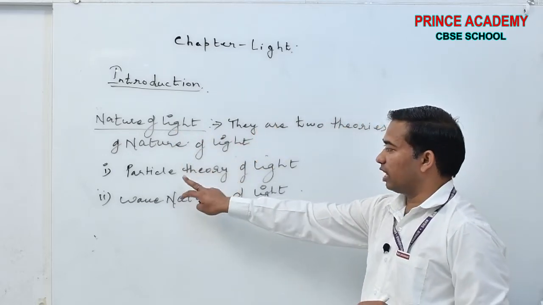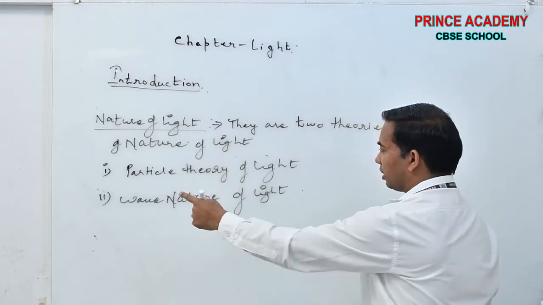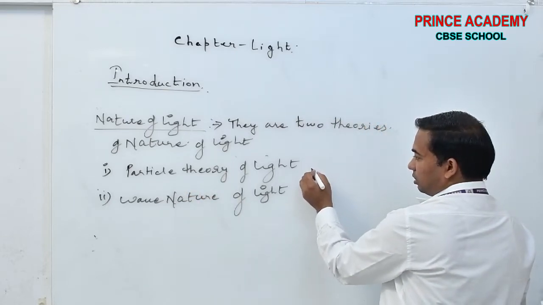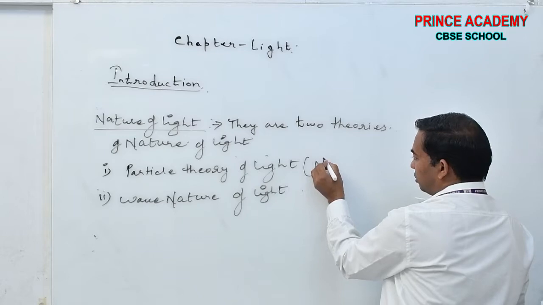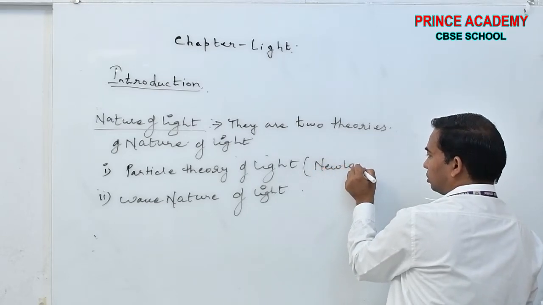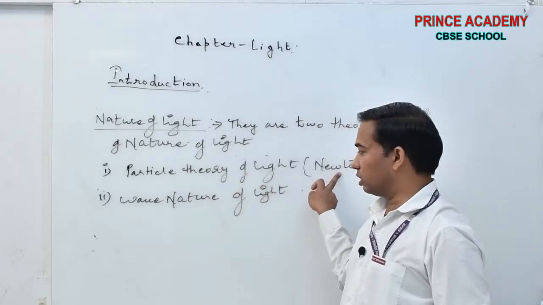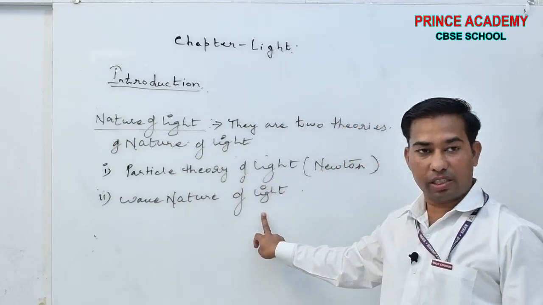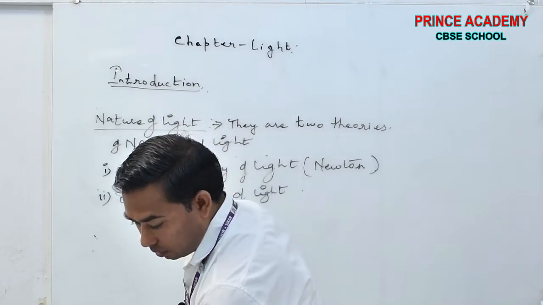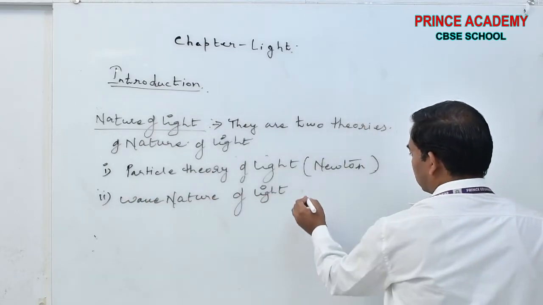There are two theories of the nature of light. First, the particle theory of light, and second, the wave theory of light. The particle theory was given by Newton, the scientist who introduced it, and the wave theory of light was given by C. Huygens.